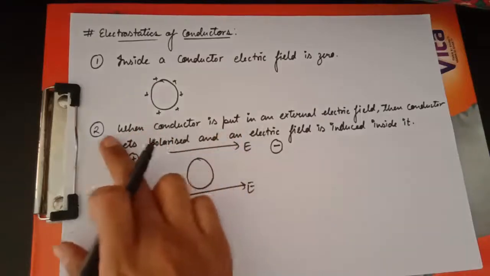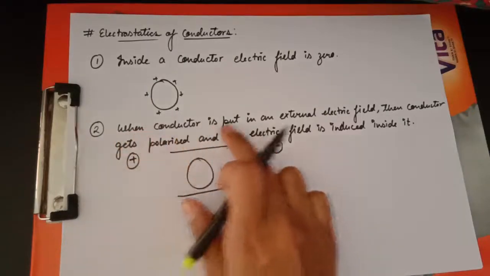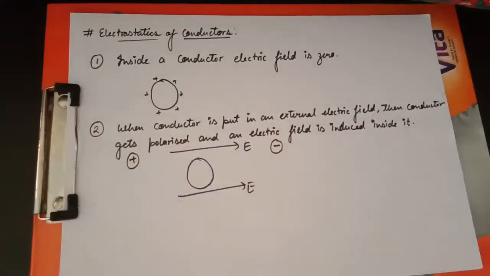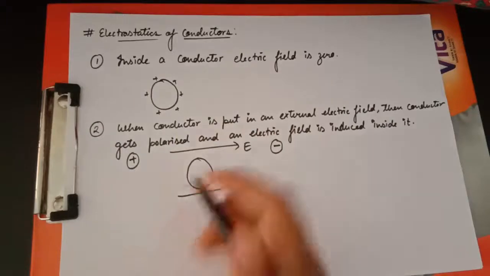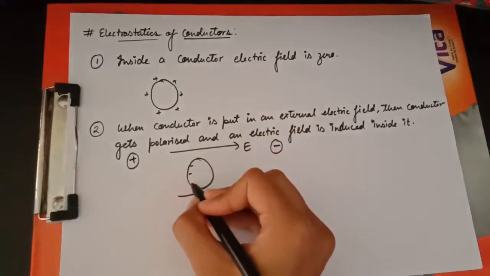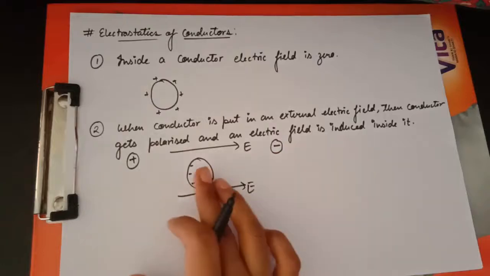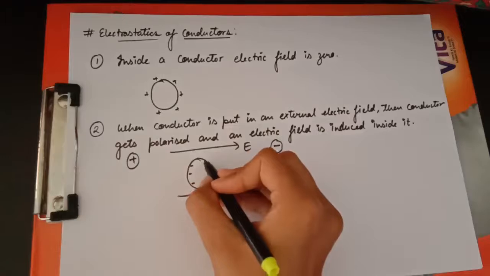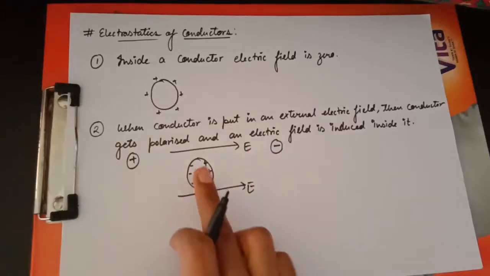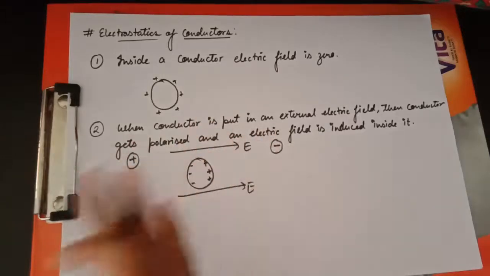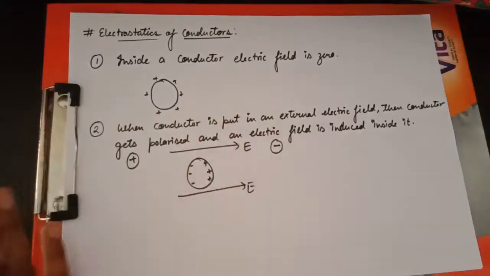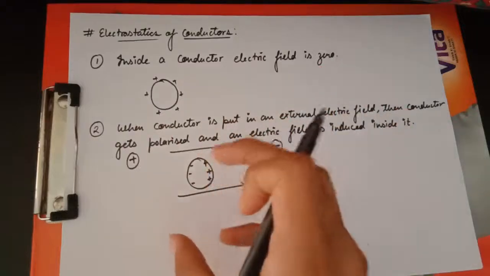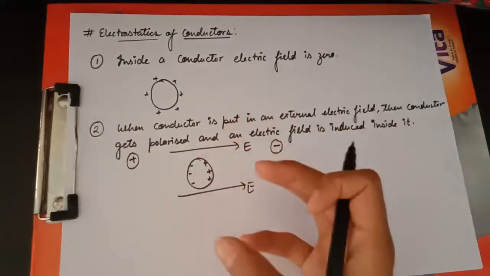And as the statement says, when a conductor is put in an external electric field, then the conductor gets polarized. By polarizing, we mean it gets like this. Means the charge inside the conductor gets separated in the external electric field. It means the charge gets separated and one part is negatively charged and the other part is positively charged when we put the conductor in an external electric field.